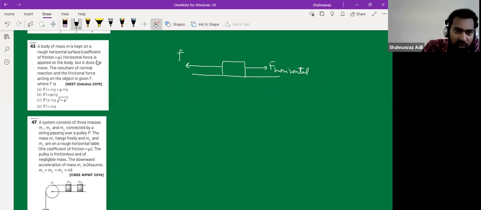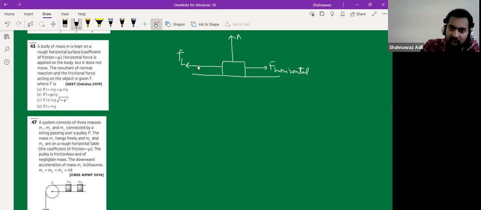But it does not move, so this is the limiting friction. The resultant of the normal reaction and the frictional force acting on the object is F.